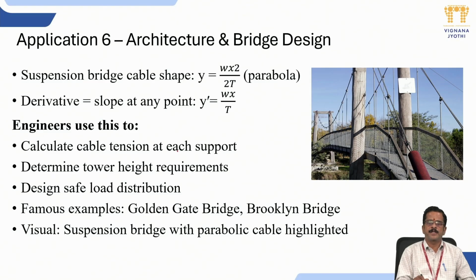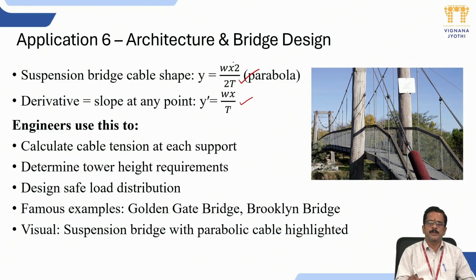Next, architecture and bridge design. Suspension bridge cable shape is a parabola curve, y is equal to w x square by 2t. This is the function for the suspension bridge cable shape, and its derivative, since x square differentiation is 2x, is w into 2x by 2t, which is wx by t.